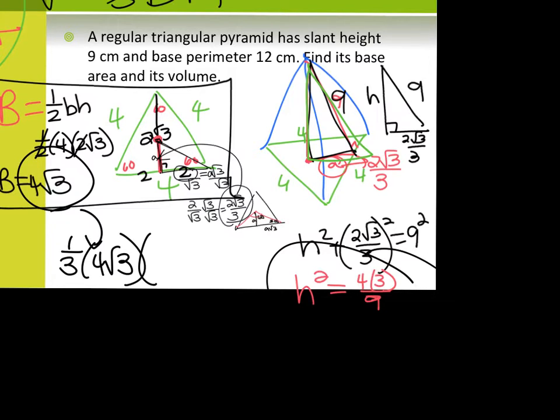So the numbers may not always divide evenly. It doesn't mean you get to stop. It may not always be the most obvious thing, but at some point you've got to try enough to get there because, like I said before, no matter if it's volume or surface area, you're going to end up having to find slant height and height.